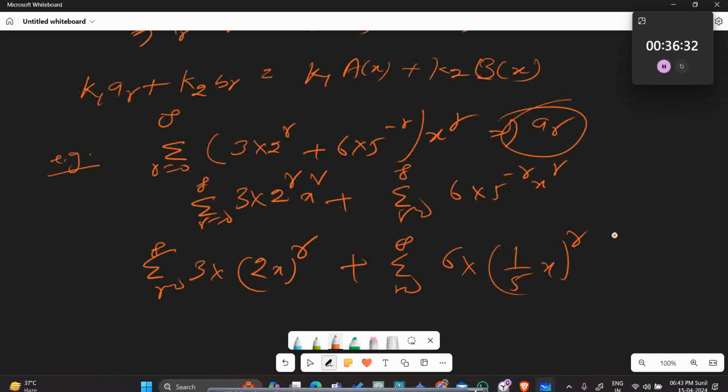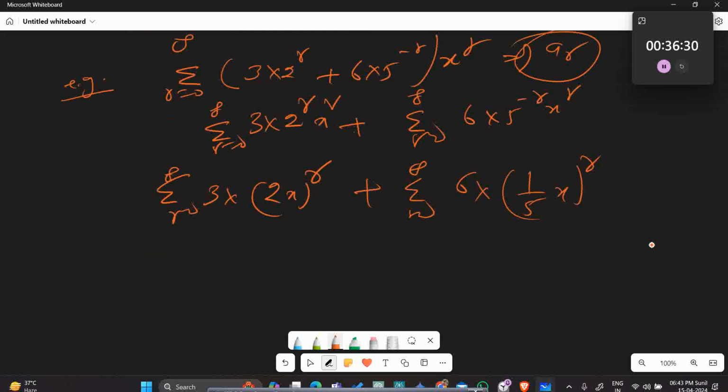Alright. So a_r is this, but what is the generating function for this? Is it plus or something else?